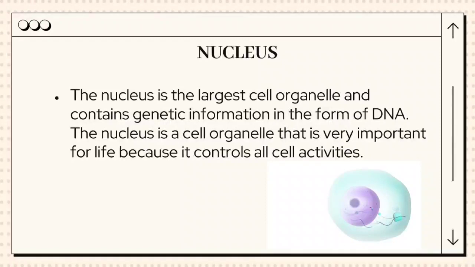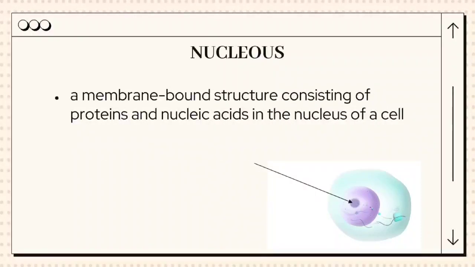The nucleus is very important for life because it controls all cell activities. And then nucleolus, a membrane-bound structure consisting of proteins and nucleic acids in the nucleus of a cell.